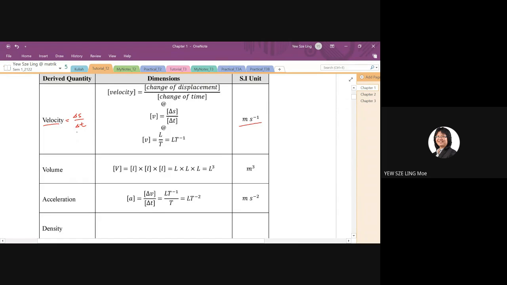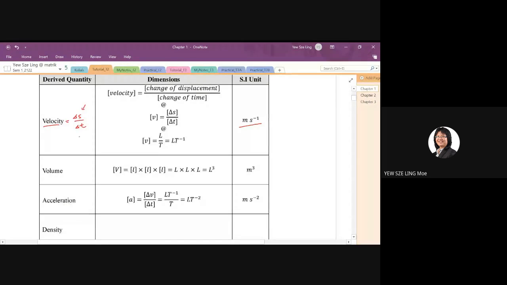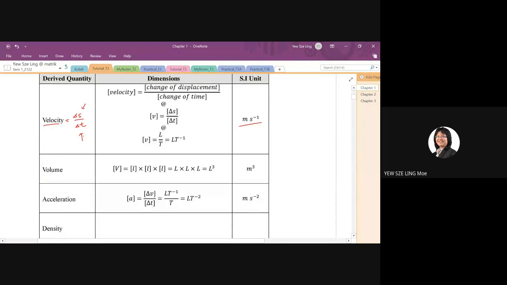So in calculations, you just calculate the change in the displacement, divide by the change in time, in terms of value. But when it comes to dimensions, when it comes to derivation of a unit, you put a square bracket here to tell the reader that now what you are going to do is derive the unit, not calculate its magnitude.